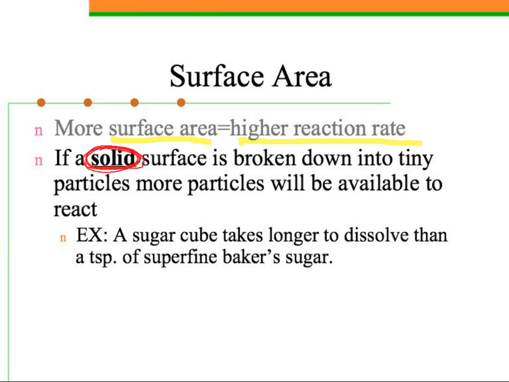We can't use an intact solid in a chemical reaction and expect it to go quickly, because only the surfaces of that solid will actually react. So our practical example is if we're doing a chemical reaction with sugar, we're not going to use the sugar cubes. That has less surface area.